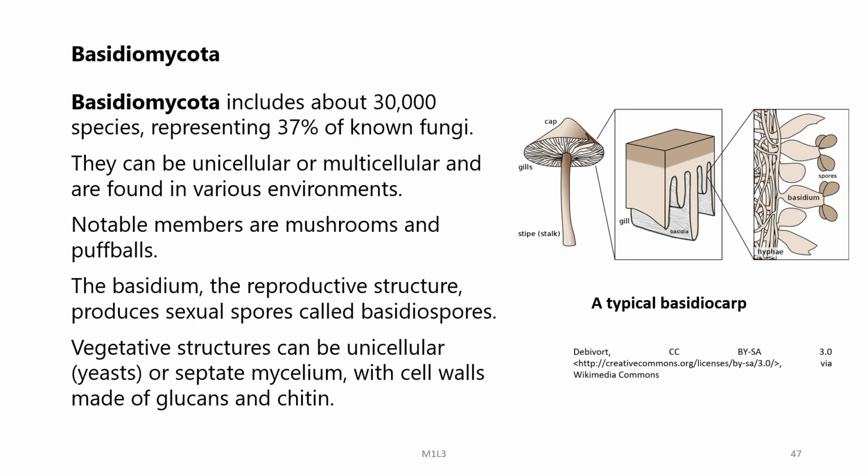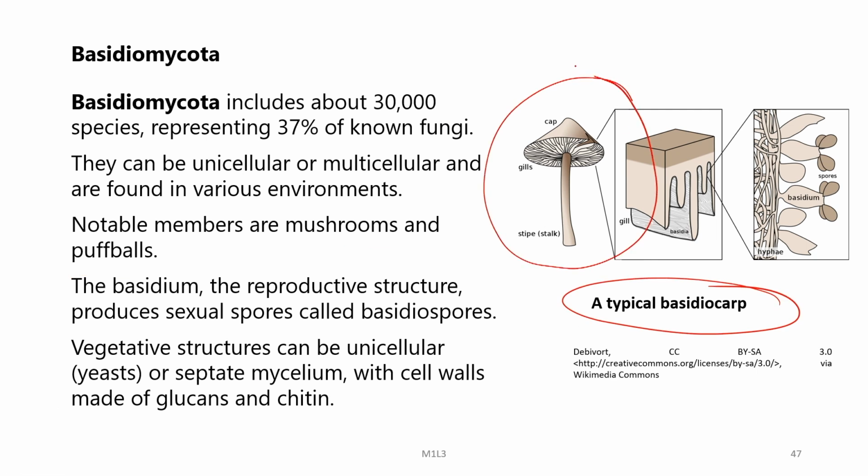The next is Basidiomycota, which includes about 30,000 species, and this represents around 37% of the known fungi. They can be unicellular or multicellular and are found in various environments. Notable members are mushrooms and puffballs, and you can see here a typical basidiocarp with cap, gill and stalk.